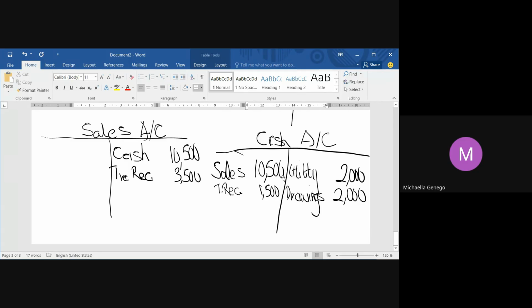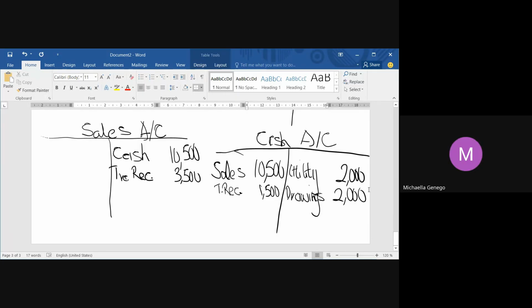This is cash. This place is greater than this place. Am I lying? Yes, madam, the debit side is greater than the credit side. So the balance will be here, 8,000, as balance carried down, right?